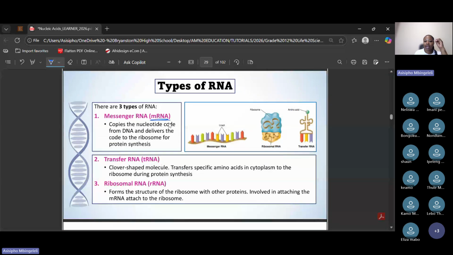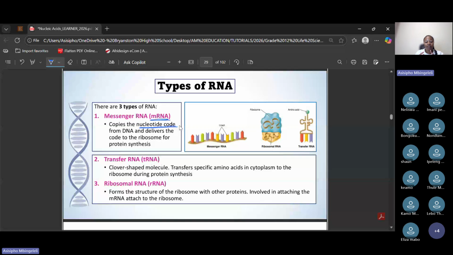Now, this is a type of RNA molecule that will copy a nucleotide code. When we speak about a nucleotide code, it's nothing new. We are basically speaking about the sequence of bases. The sequence of bases in that DNA molecule being T, A, C, G, T, T, A, whatever sequence it is, is called a nucleotide code.